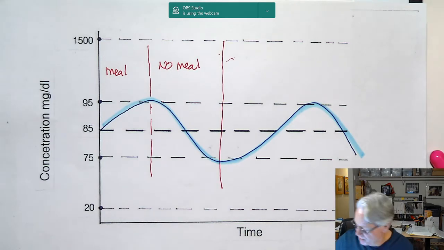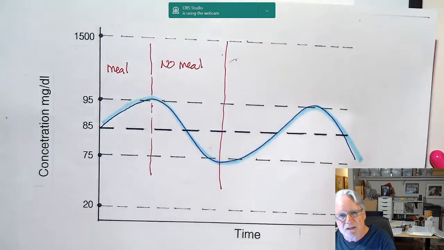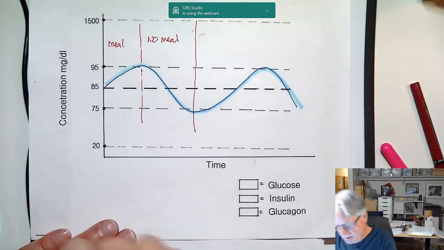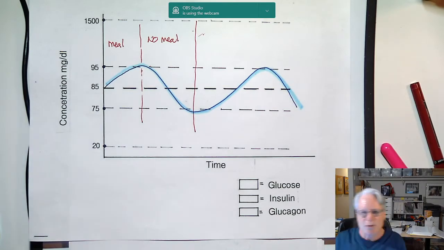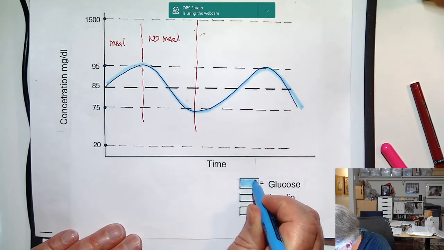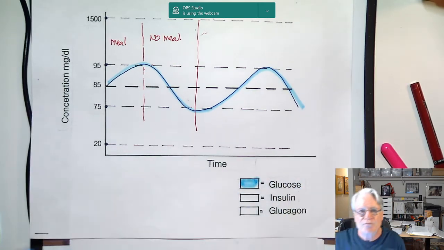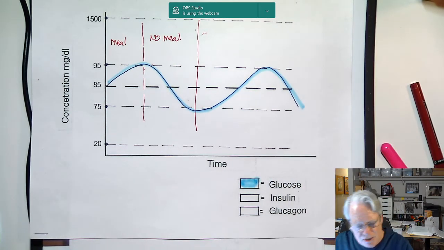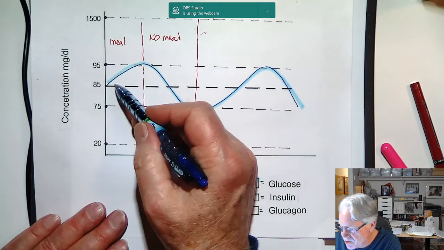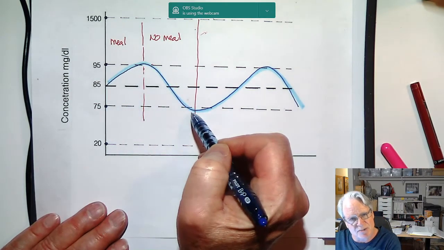By the way, we do have a little key, so let's pay attention to that before I forget. The blue line is glucose. As I said, your body has a response to either an increasing amount of glucose or a decreasing amount of glucose.